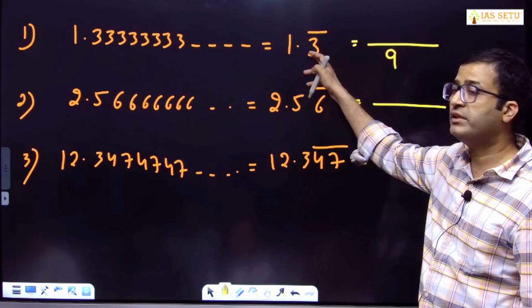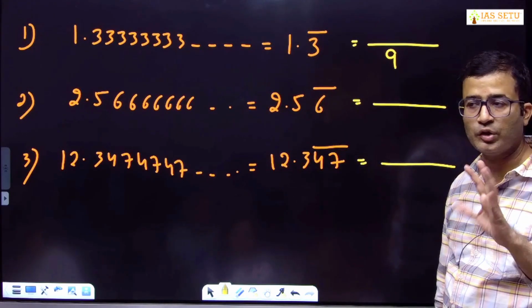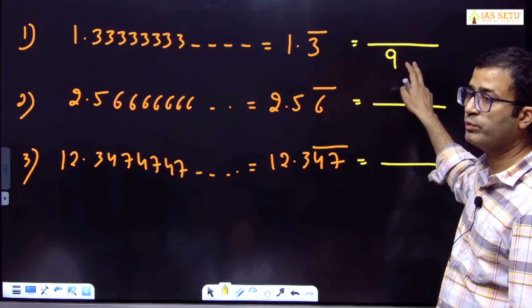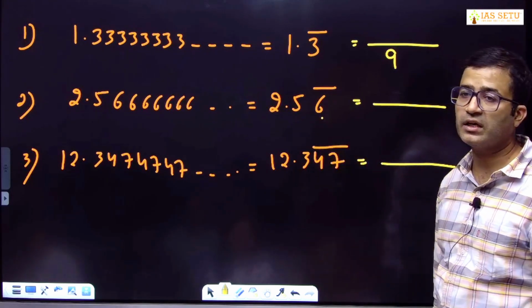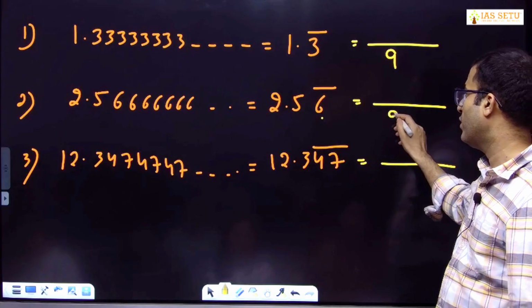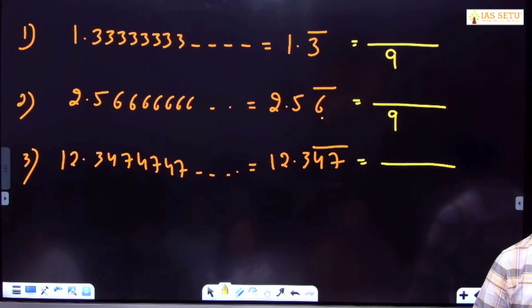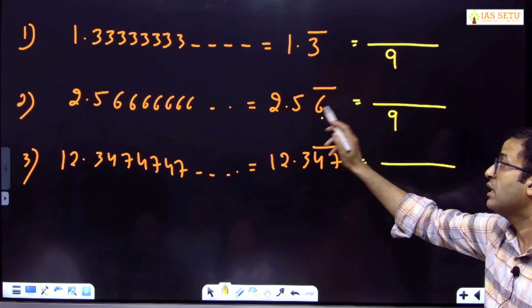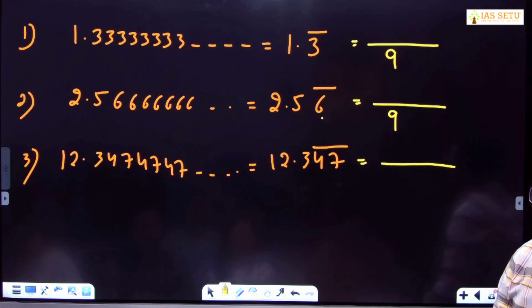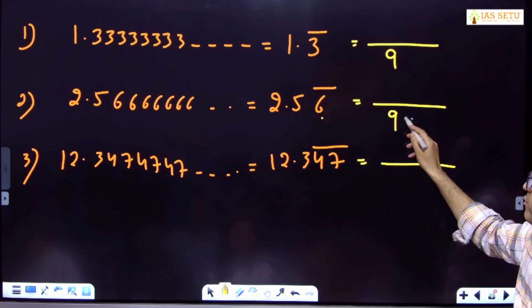So tell me between decimal and recurring part how many digits are there? None. So there is no digit, so we will not put 0. Second example, how many digits under the bar? 1. So 1 9. Followed by as many 0, as many digits between decimal and recurring part. Tell me between decimal and recurring part how many digits are there? 1. So you have to put 1 0.